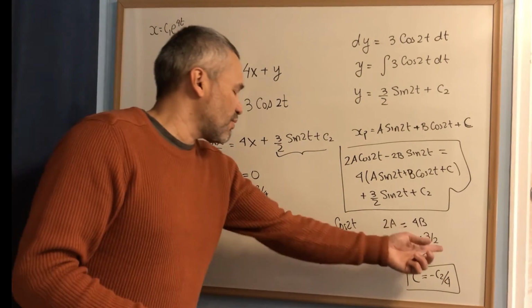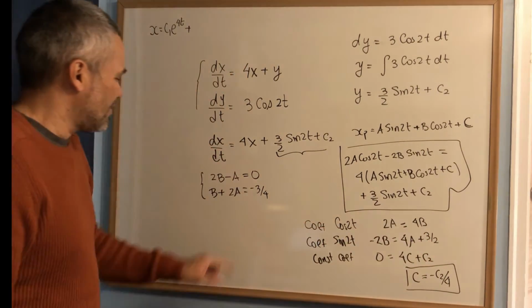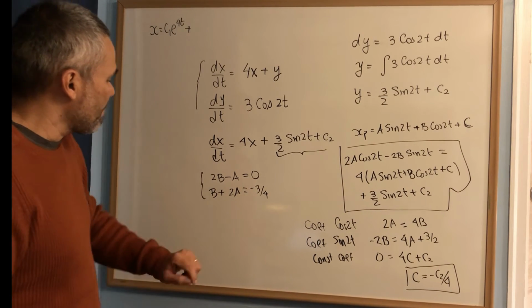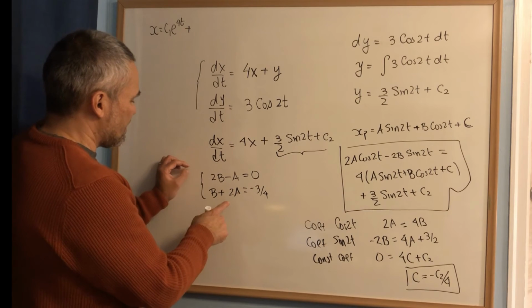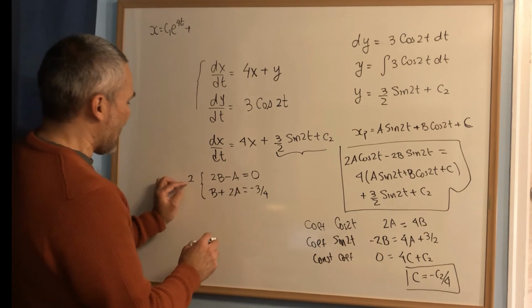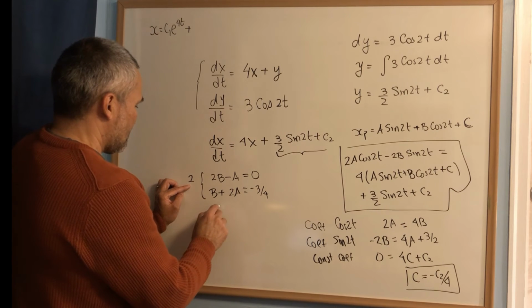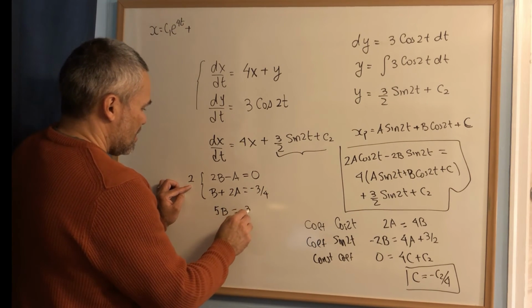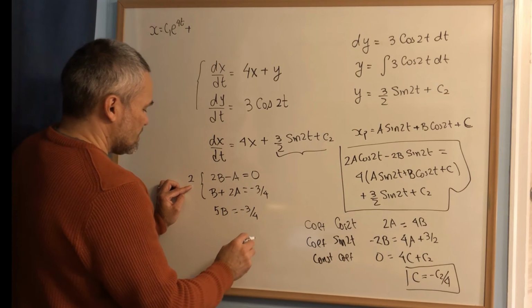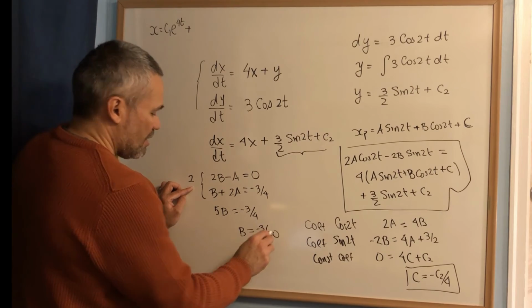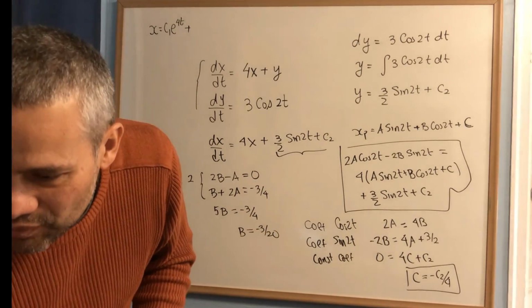I move the variables to the right and the negative 3/2 to the left, but I divide everything by 2. Then if I want to solve this, I can multiply by 2. If I multiply this equation by 2 and add, then I will get 5B equal to negative 3/4, and that means that B is negative 3 over 20.